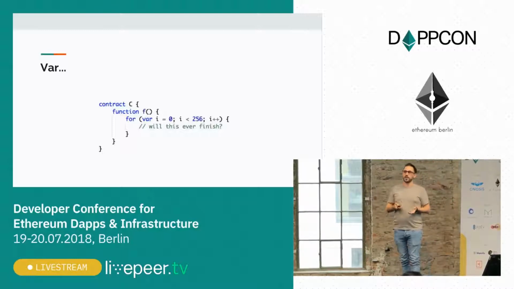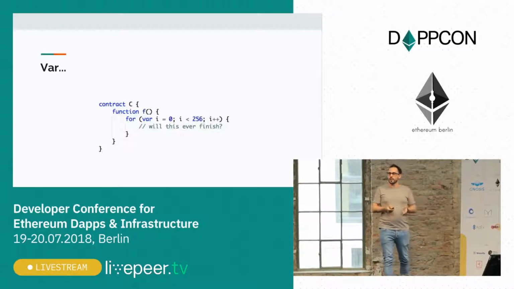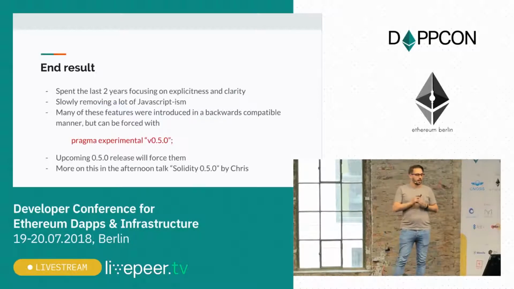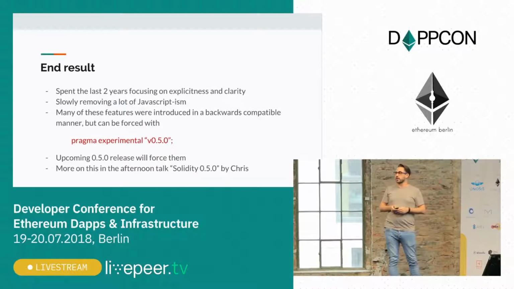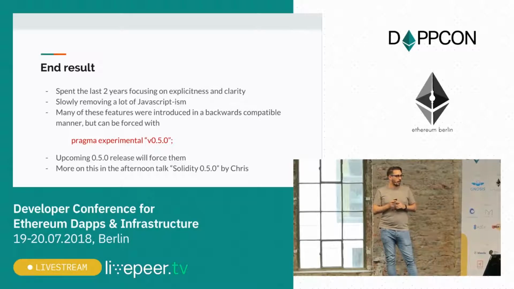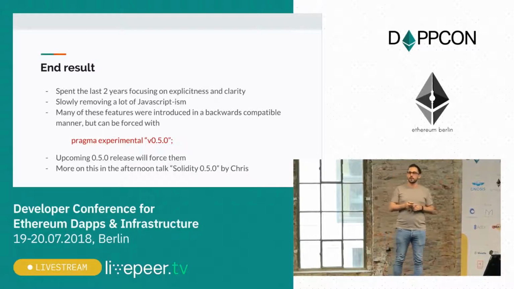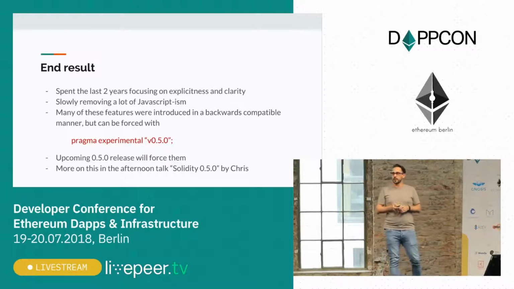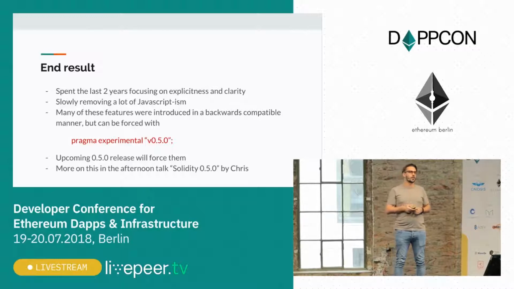So these were a couple of examples of why some of these legacy things we received from JavaScript are a bad idea. And of course, we have worked in the last 2 years to get rid of most of these. You can try many of these new features by inserting the experimental pragma. And I would urge you to try it.